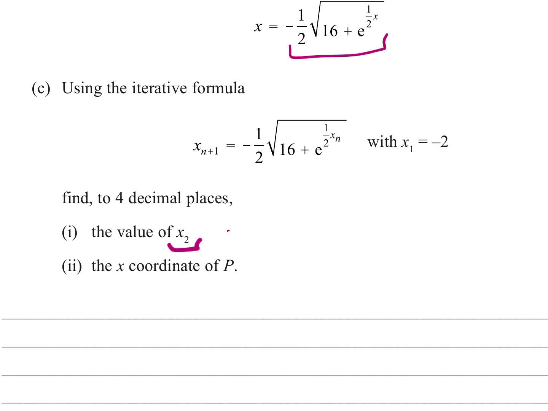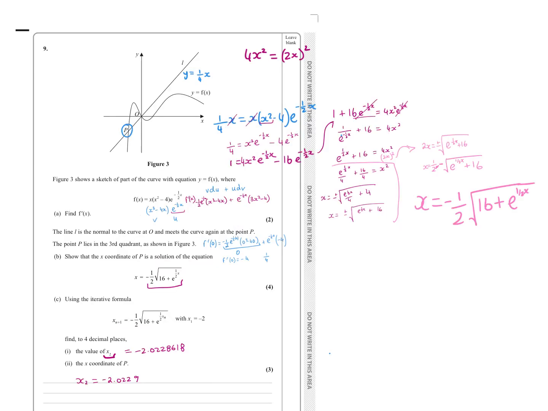Okay, so it's going to give us minus 2.0228618. However, it wants 4 decimal places. So x2 equals minus 2.0229. And then it wants us to find the x coordinate of P. Okay, so we just keep pressing equals now with that as an answer.